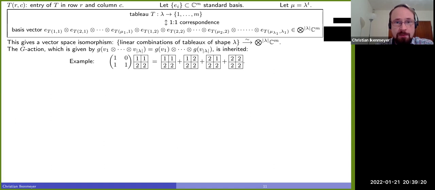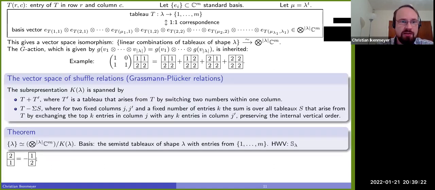Very nice. And you want to define now the vector space of shuffle relations. This is a linear subspace of this vector space, and this is basically the correct space in which you want to work with the tableaus from a representation theoretic standpoint. So these are the shuffle relations. There are some other shuffle relations that also work, I just take these ones now.